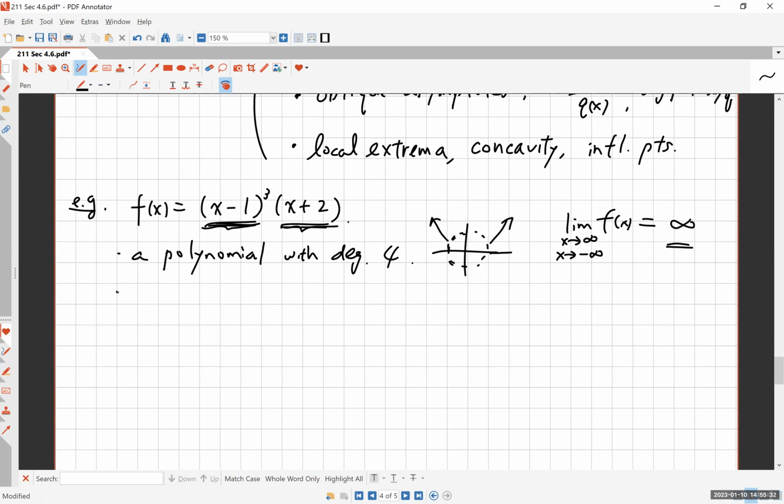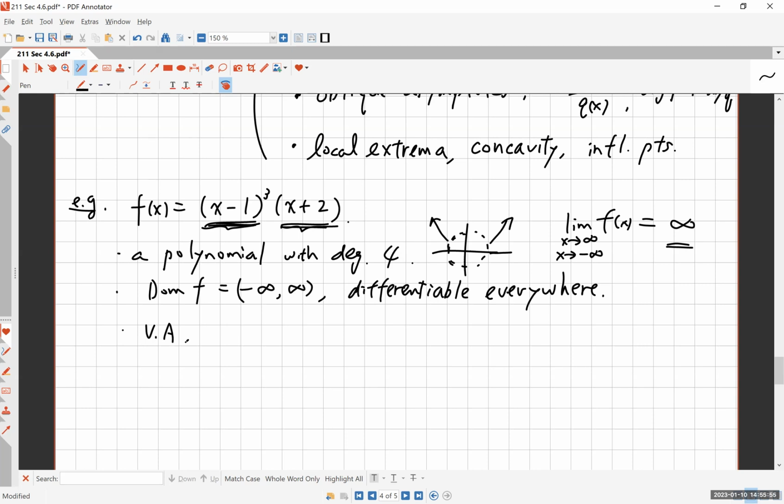All right, because it's a polynomial function, the domain of f is all reals. It is differentiable everywhere, so the derivative exists everywhere. It's smooth. Do we have vertical asymptotes?